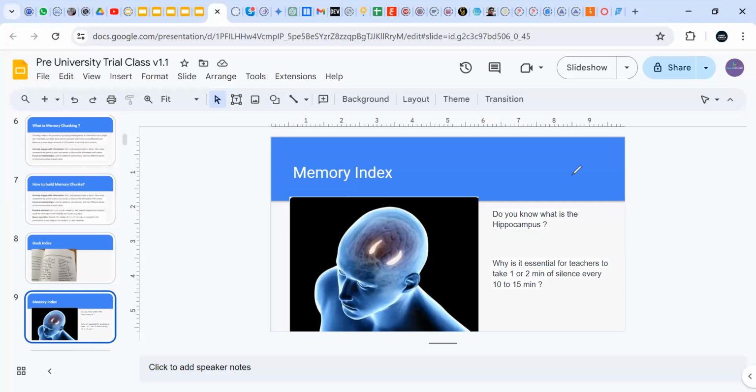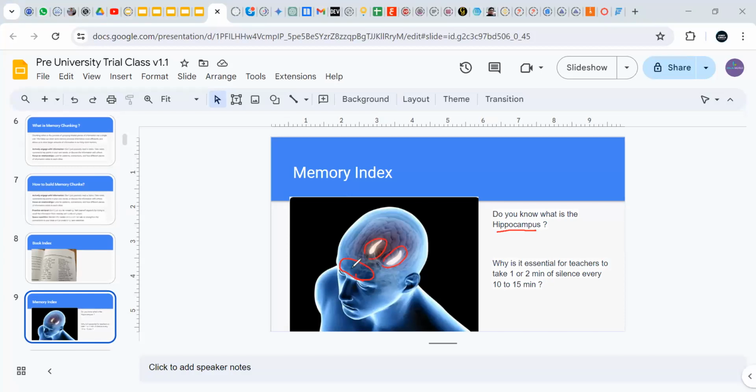So I will tell you where our memory index is in the brain. The memory index actually lies in the hippocampus. There are two parts of it here in the brain. When you listen to me at the moment, all the information starts to gather in this area of the brain.